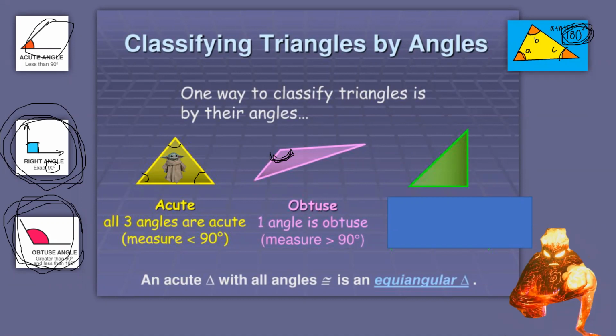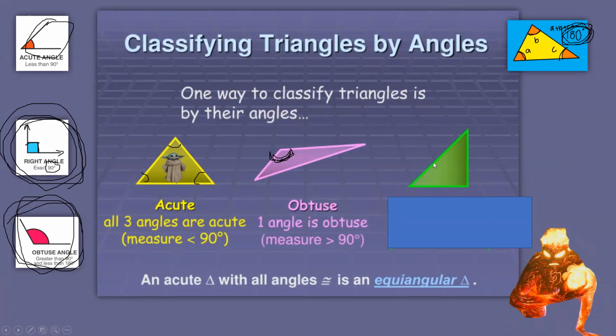Nothing, because it's impossible. If two angles themselves are 90 degrees, it would be 180. But what would connect those two angles? Every triangle has to have three angles. So it's impossible to have a triangle with more than one obtuse angle. That's why it only takes one obtuse angle to make an obtuse triangle.